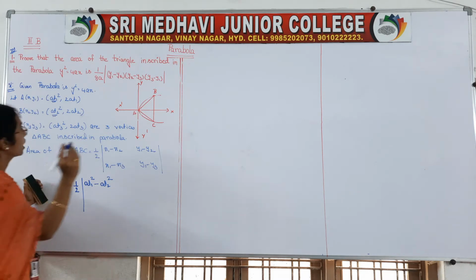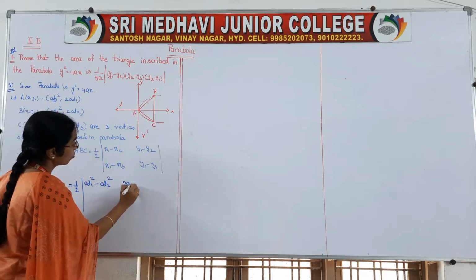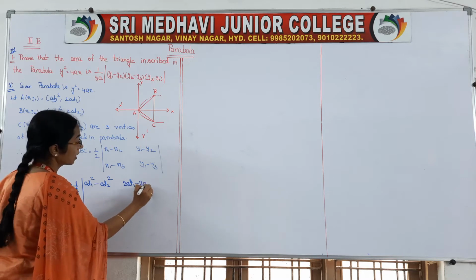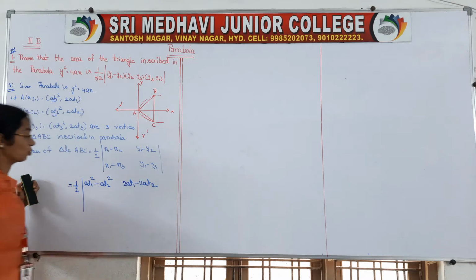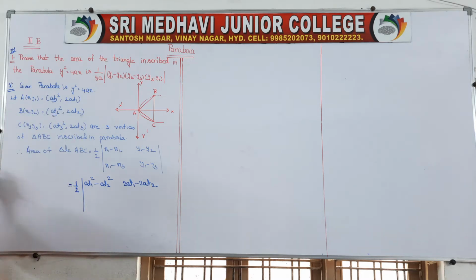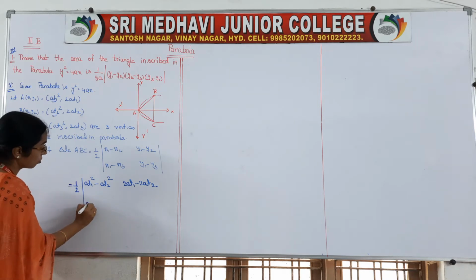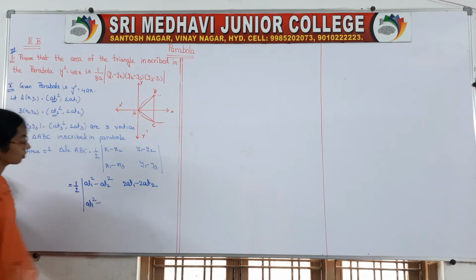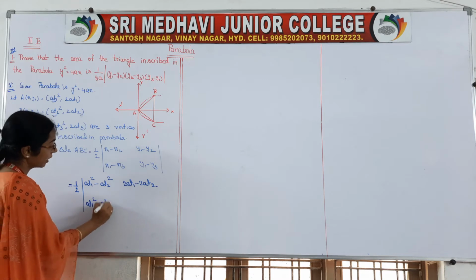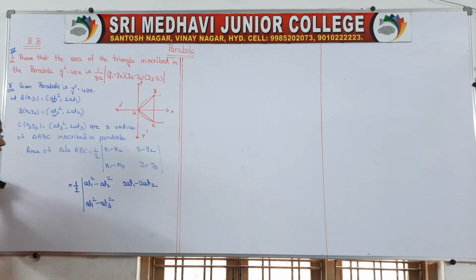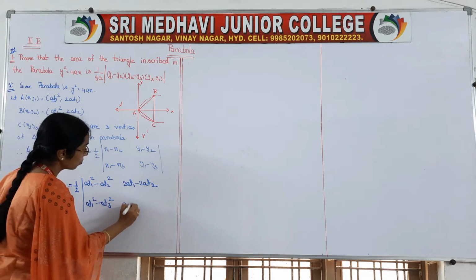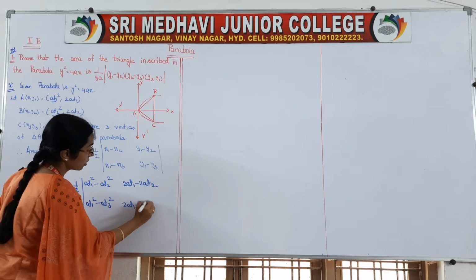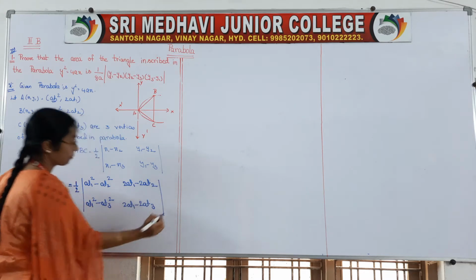Next y1 minus y2, it is 2a t1 minus 2a t2. Okay, next x1 minus x3, so it is a t1 square minus a t3 square. Okay, so it is 2a t1 minus 2a t3.